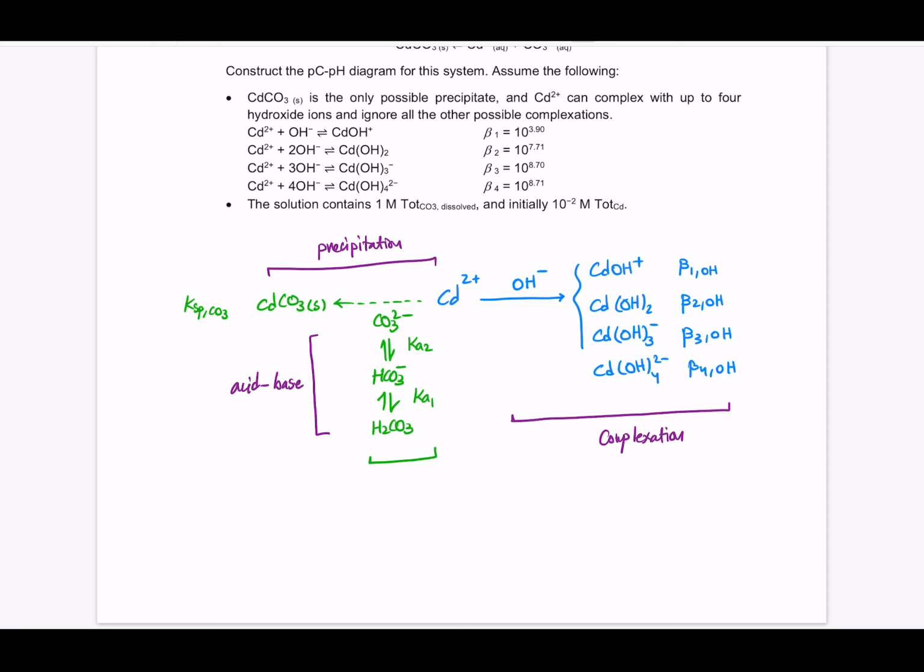So we're assuming that the carbonate concentration doesn't change, based on what we talked about. It's much bigger. So the way we approach this is as a closed system, or total CO3 is fixed, because total CO3 is much bigger than total cadmium. So even if we have precipitation, it won't change that.